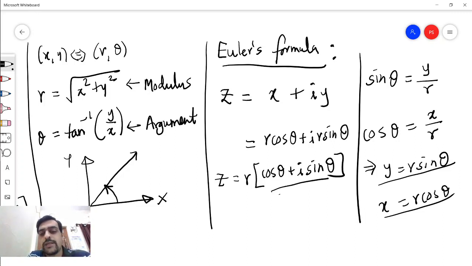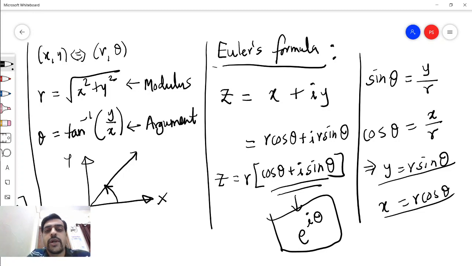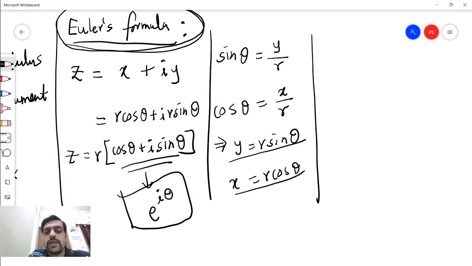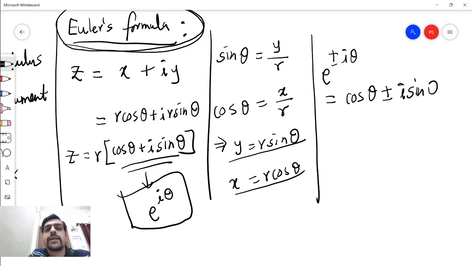Now this is nothing but e raised to i theta. This is what we call Euler's formula. So Euler's formula says that e raised to plus or minus i theta is equal to cos theta plus or minus i sin theta.